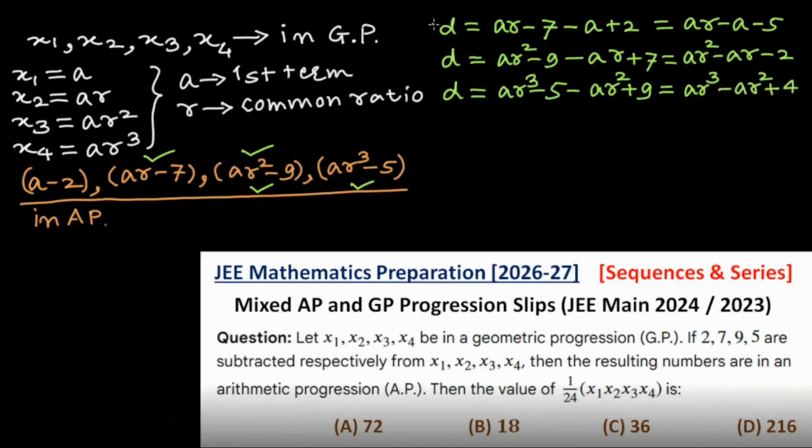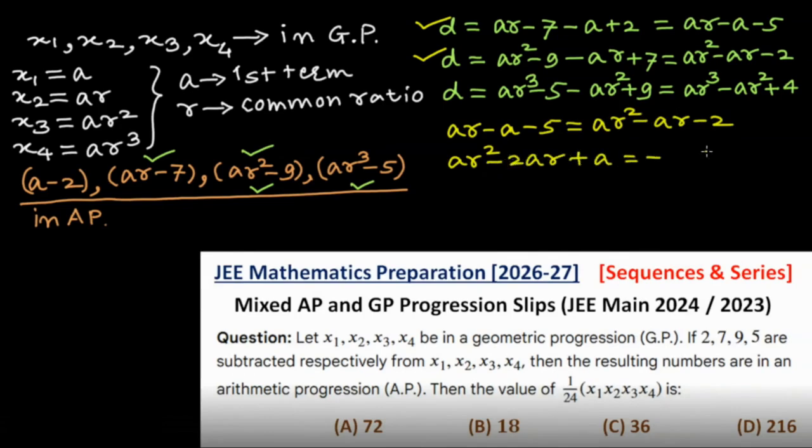Now we will equate the first difference and the second difference. Ar minus a minus 5 equals ar square minus ar minus 2. So ar square minus 2ar plus a equals minus 3. A into r square minus 2r plus 1 equals minus 3. We name this 1.